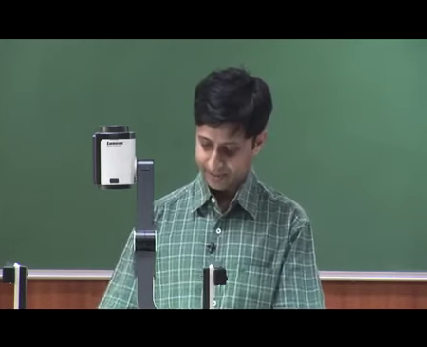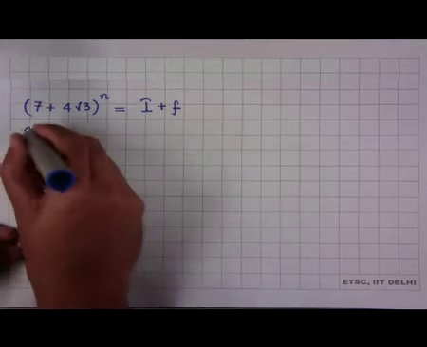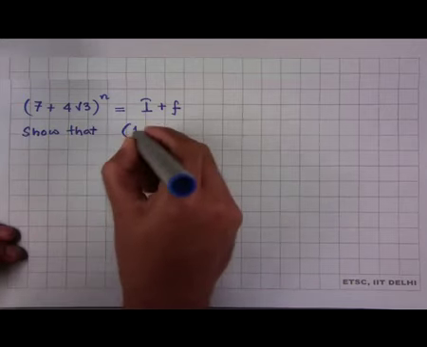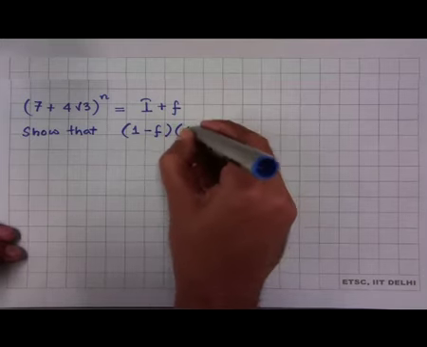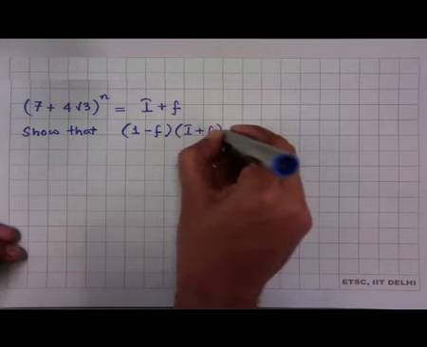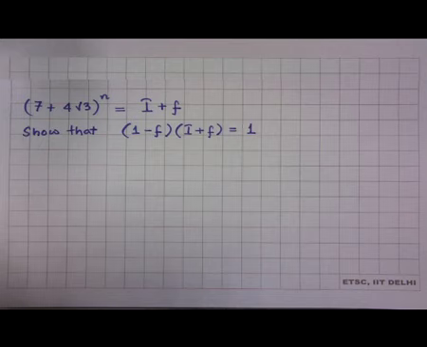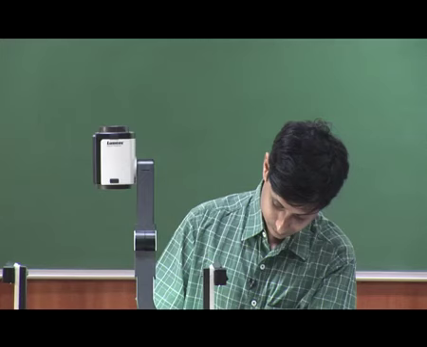All right, let us do another one. Okay. This is the next question. 7 plus 4 root 3 whole power n, that has an integral part I and a fractional part small f, and you have to show that 1 minus f times I plus f is equal to 1.